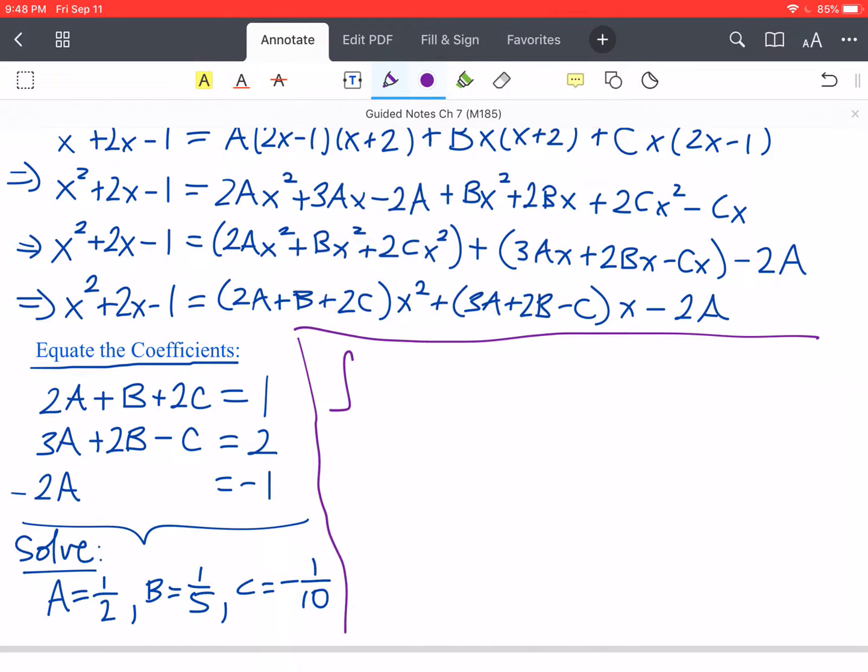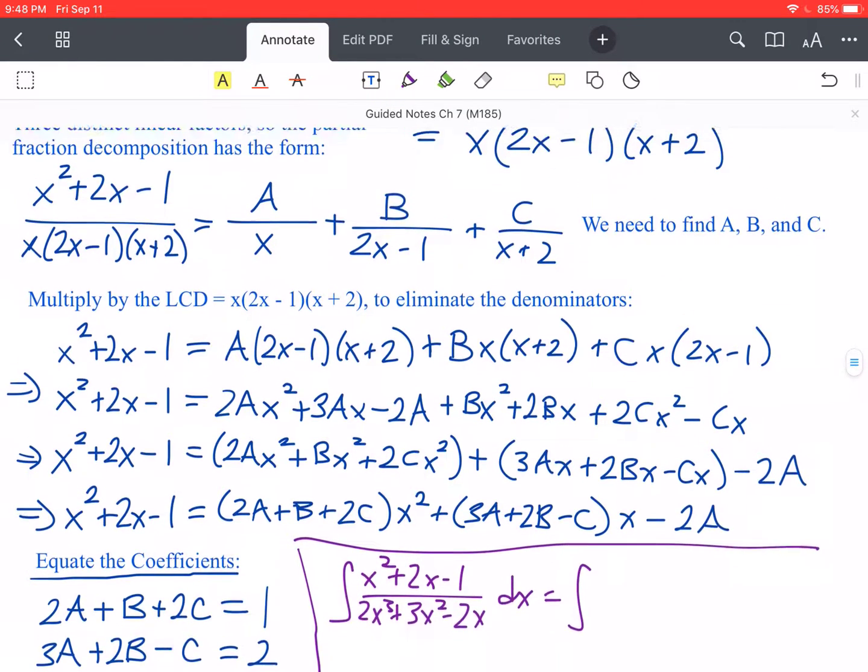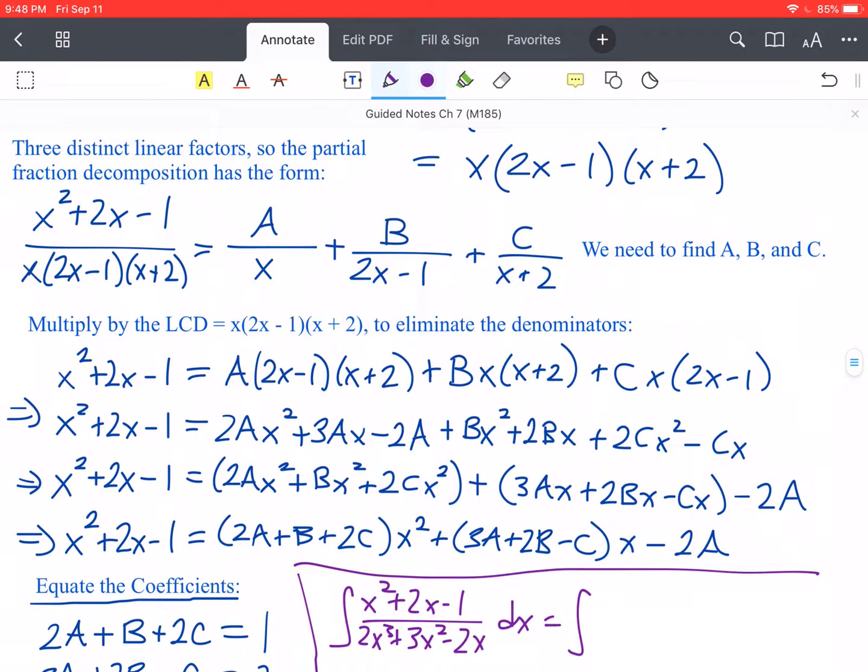So we have the integral of x squared plus 2x minus 1 over 2x cubed plus 3x squared minus 2x dx equals, okay, so again we're using this formula up here. We found that this value was 1/2, this value was 1/5, and this value was -1/10.